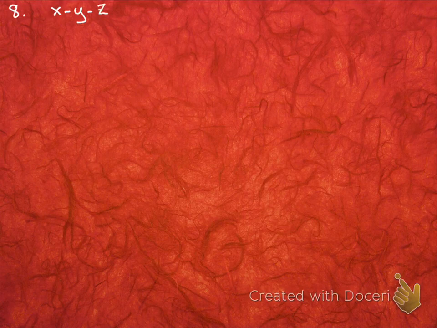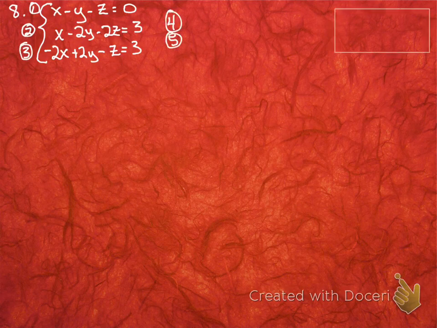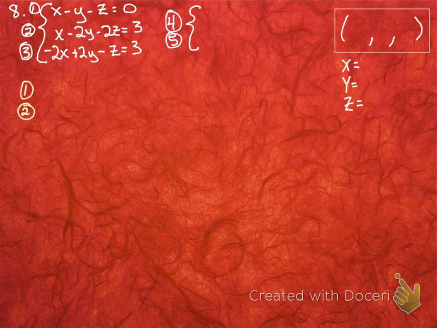Number 8. X minus y minus z is 0. X minus 2y minus 2z is 3. -2x plus 2y minus z is 3. Okay, I'm going to get rid of my x's, I believe.